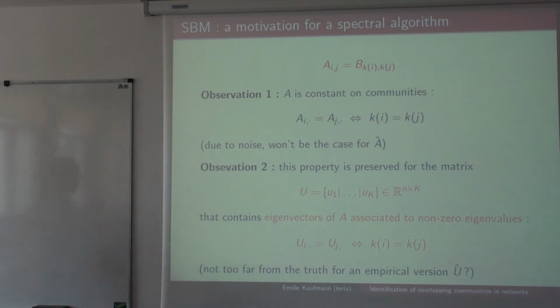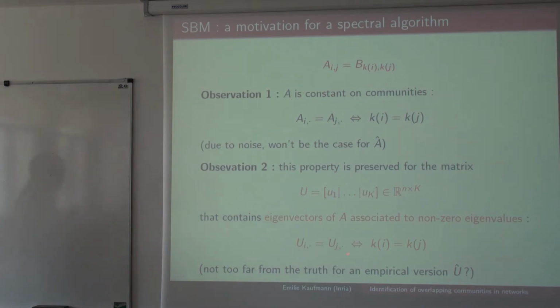Indeed, it is possible to show, and I will explain a bit later on another model, that if you take the matrix U of the k eigenvectors of A associated to the largest eigenvalues, the same property still holds. Which means that if you look at the matrix of the k largest eigenvectors of A, you can do the same: look at the rows and group the nodes that have the same row.